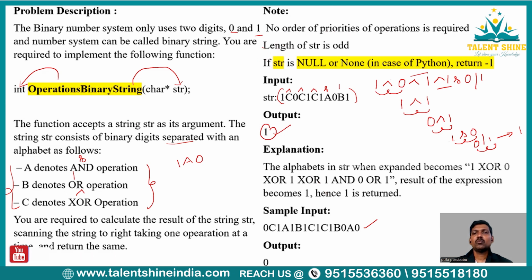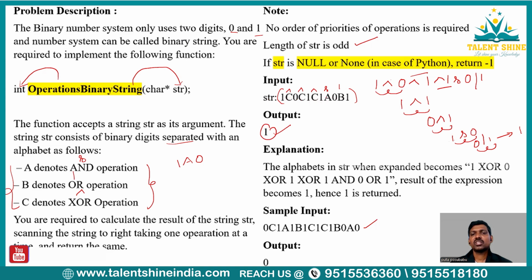One more important point is that the length of the string is odd. Verify in the sample input how many characters are there in the string: 1, 2, 3, 4, 5, 6, 7, 8, 9, 10, 11.